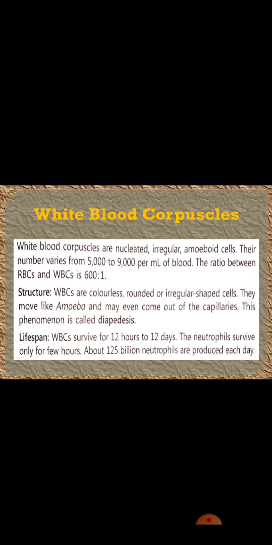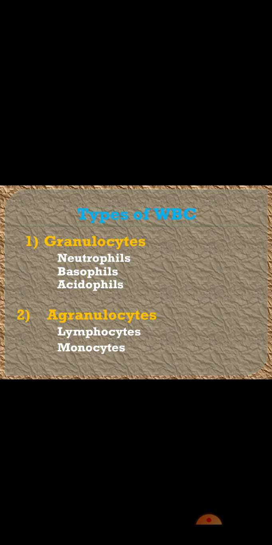If we talk about types of leukocytes, then leukocytes are of two types: granulocyte and agranulocyte, in which granulocytes are again divided into three parts: neutrophils, basophils, acidophils, while agranulocytes are divided into only two types: lymphocytes and monocytes. Let's see what are granulocytes and agranulocytes.